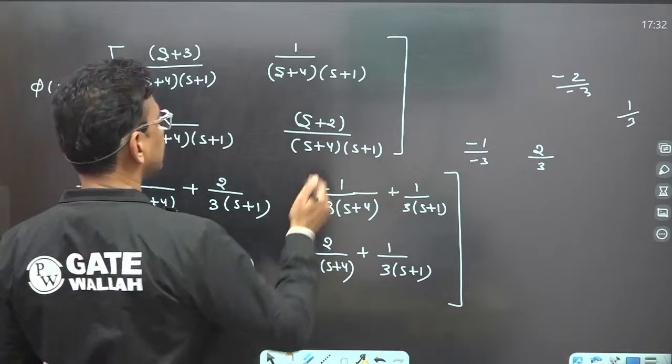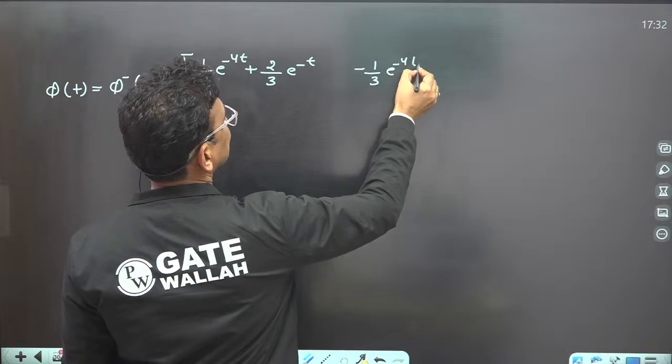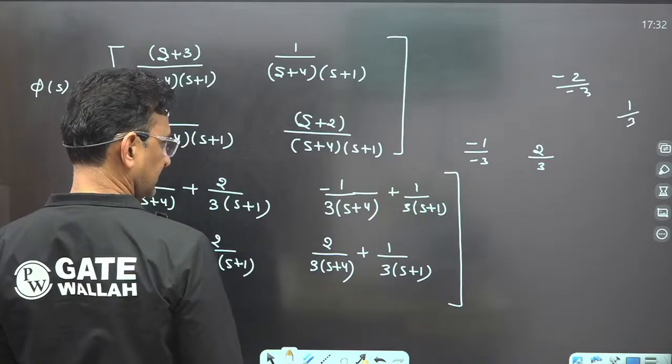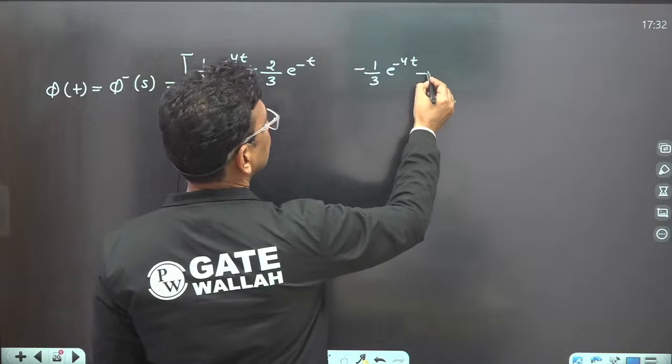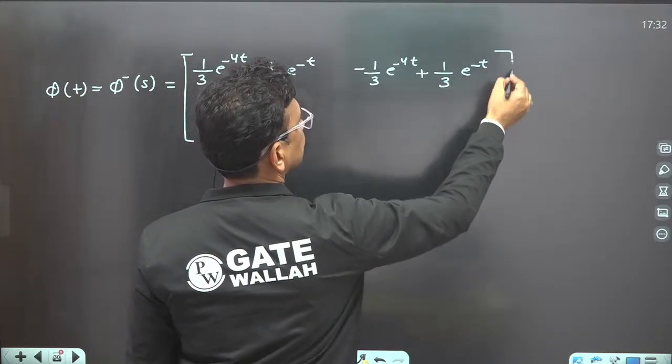Minus 1 upon 3 e raised to the power minus 4t, plus 1 upon 3 e raised to the power minus t.